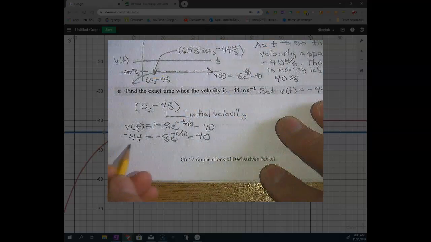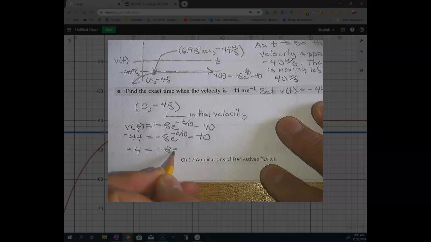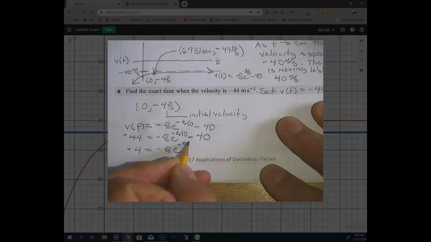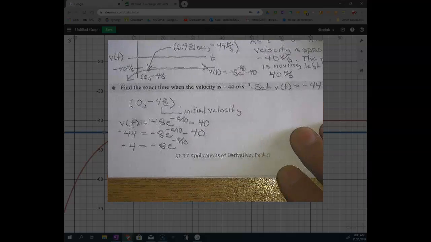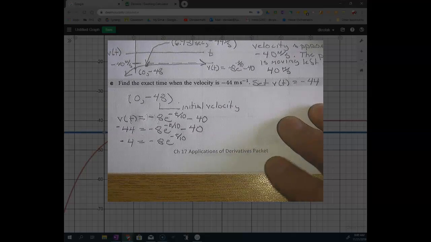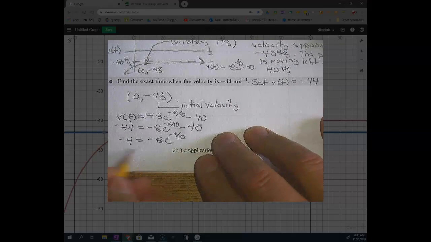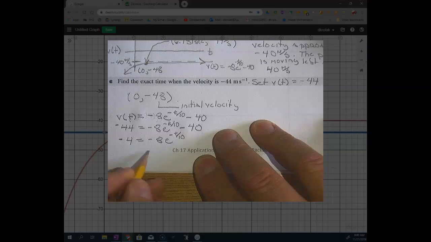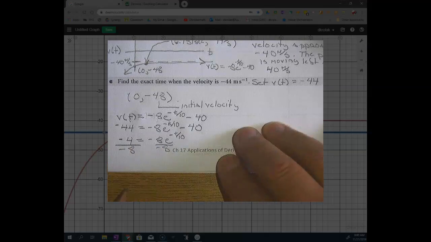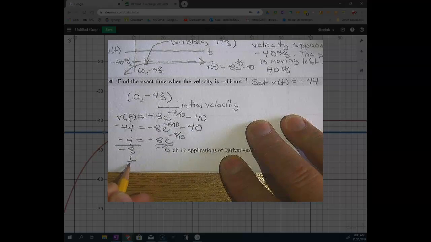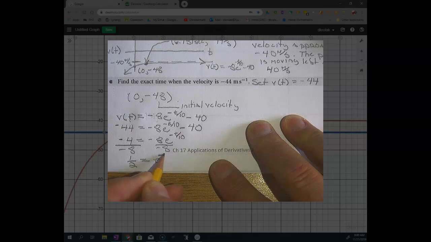Add 40 to both sides. That gives us negative 4 equals negative 8 e to the negative t over 10. Now what? Divide by negative 8. So I get 1/2 equals e to the negative t over 10.